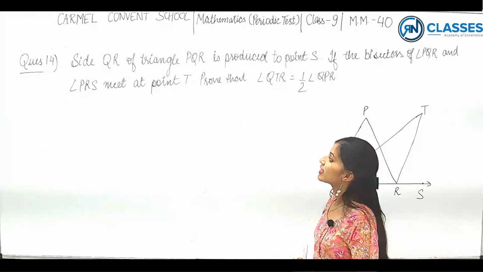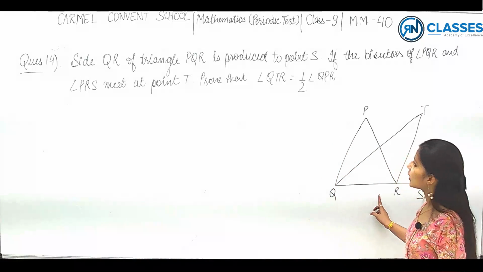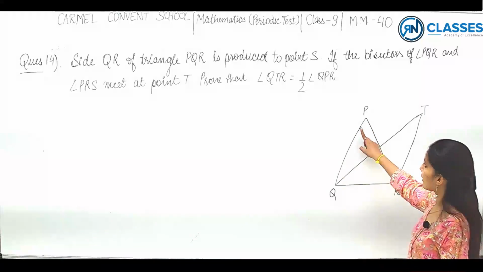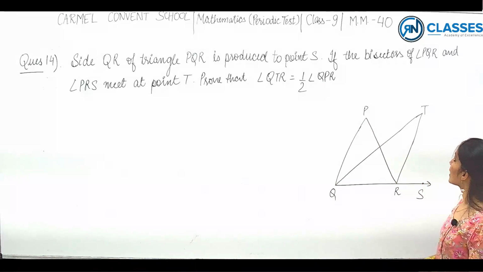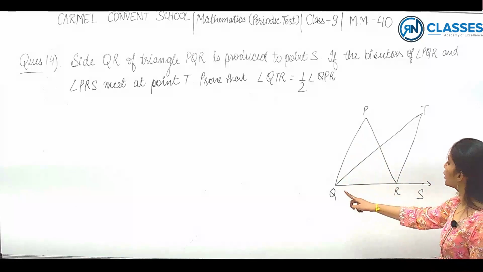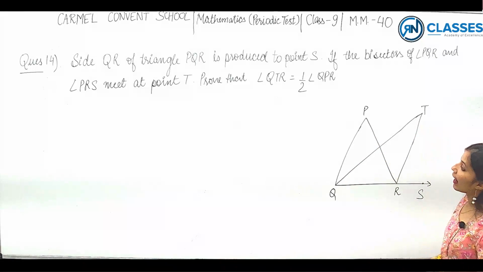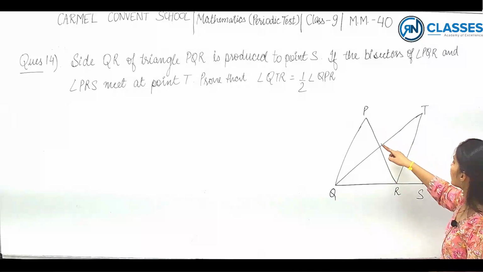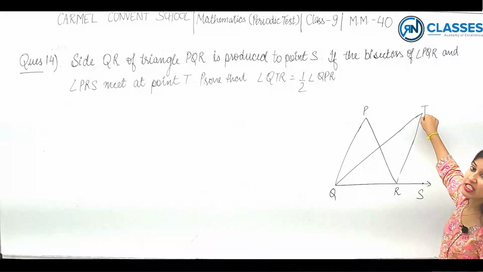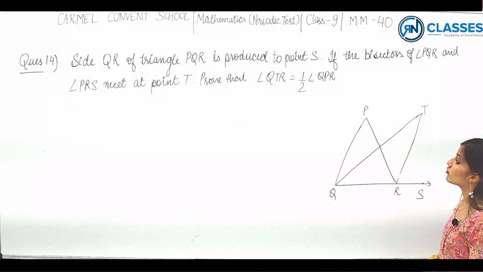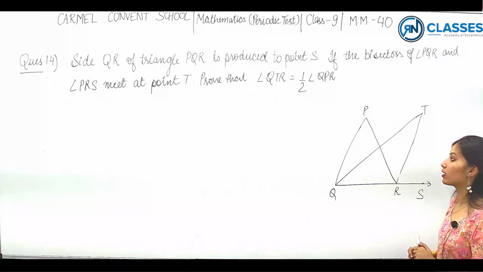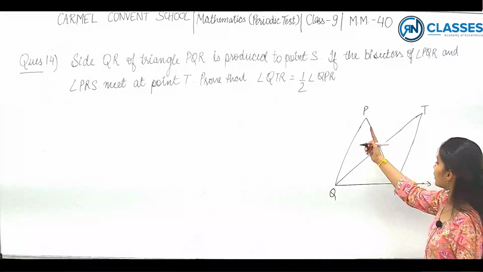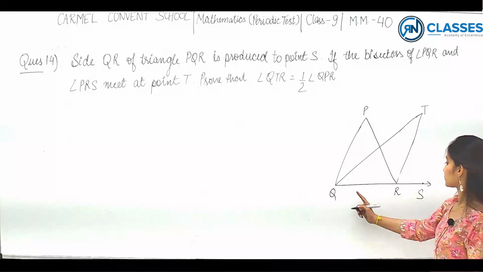Question number 14. Side QR of triangle PQR is produced to point S. If the bisectors of angle PQR and angle PRS meet at point T, prove that angle QTR is equal to half of angle QPR. So we are given a triangle PQR.